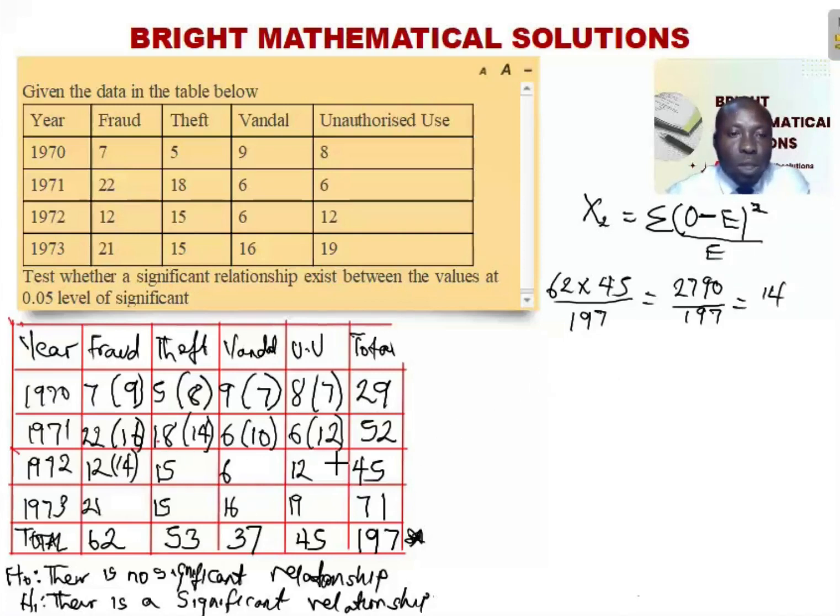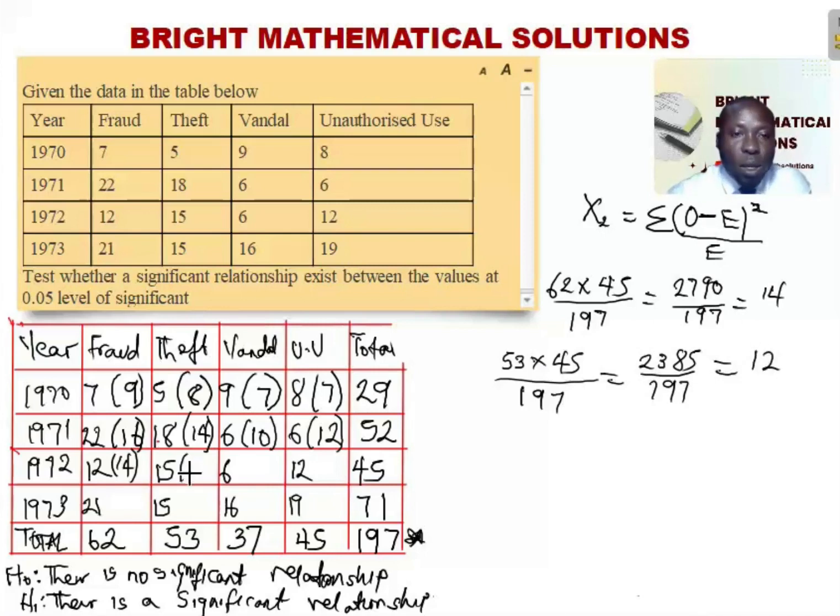So theft 1972, that is 53 multiplied by 45 divided by 197, that is 2385 divided by 197. So that gives me 12. So I'm writing 12.